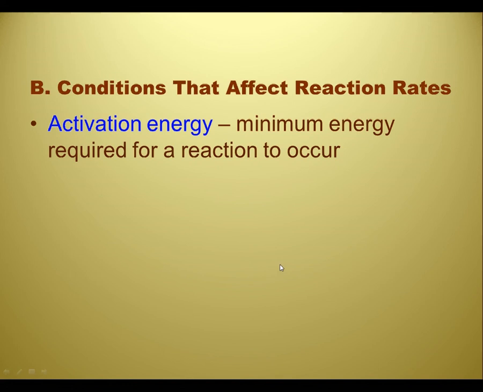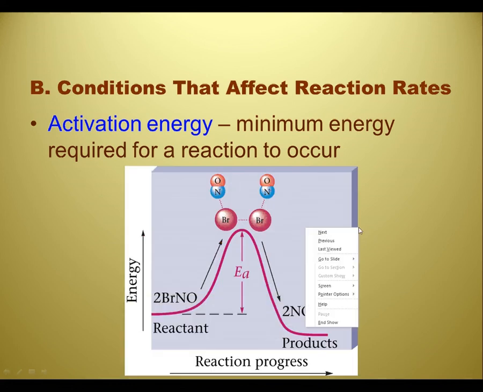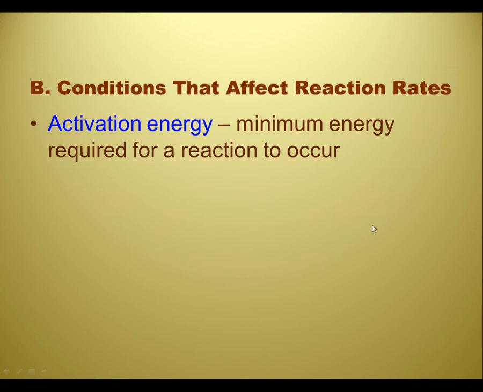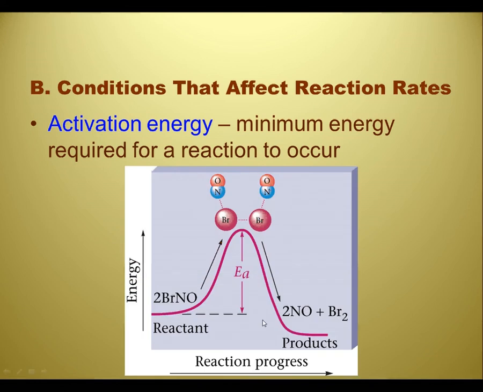Activation energy is another thing. We've talked about activation energy in the past. Basically, let me back up for a second. Activation energy is the minimum amount of energy required for a reaction to occur. Okay, so there's a certain amount of energy that a reaction needs before it is actually going to happen. This diagram shows you that energy on the y-axis, whether the reaction goes or not on the x. Notice reactants are here, products are over here.